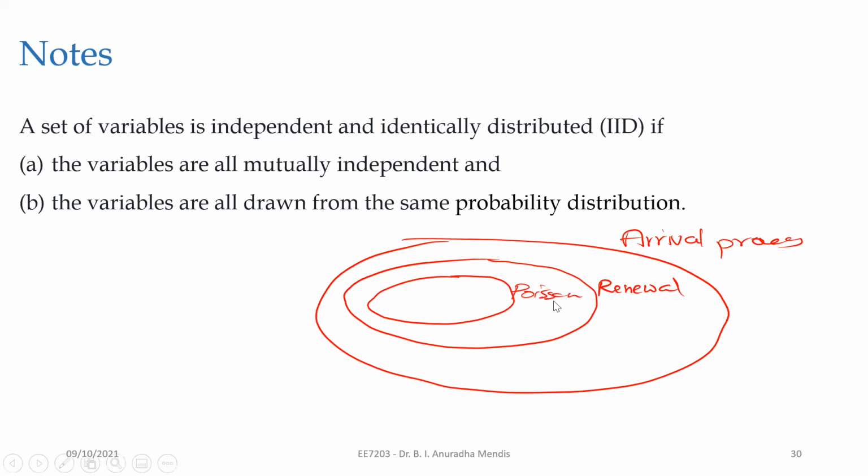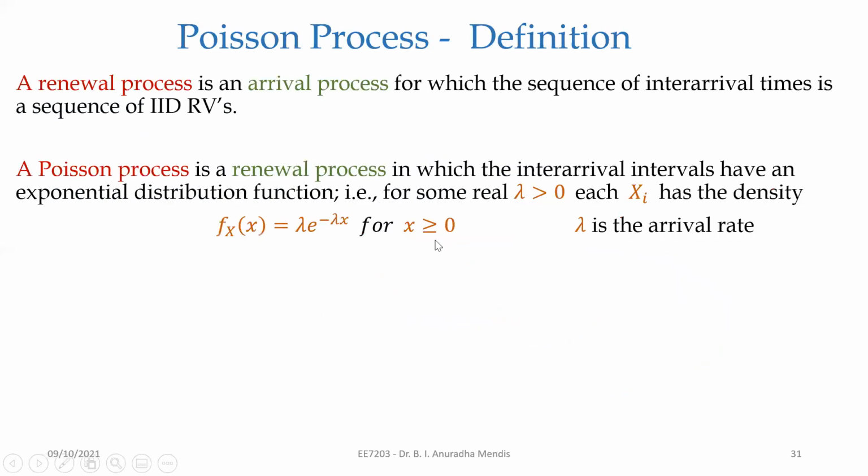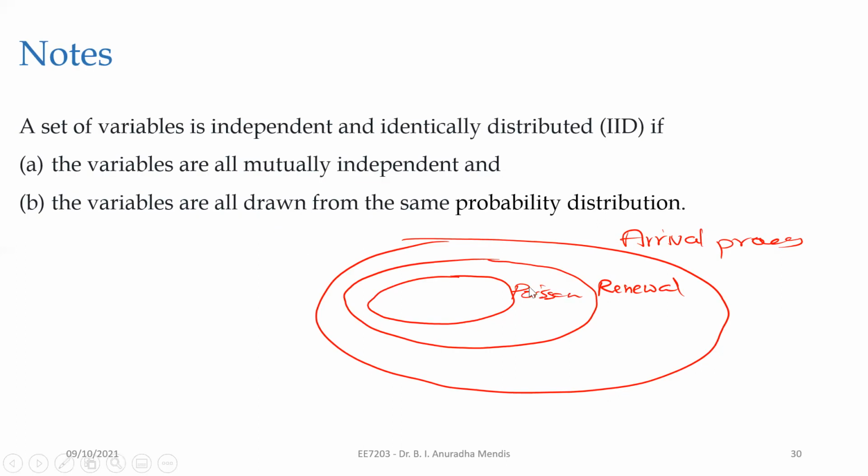So how do we extract the Poisson process? It is the one in which the interarrival intervals have an exponential distribution function. I told you that a renewal process is an arrival process where the interarrival times are independent and identically distributed.